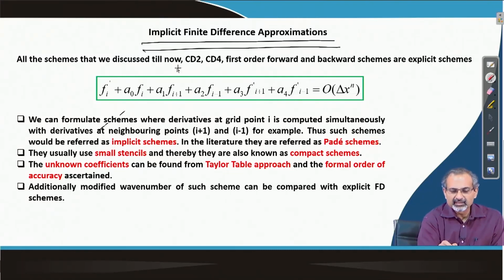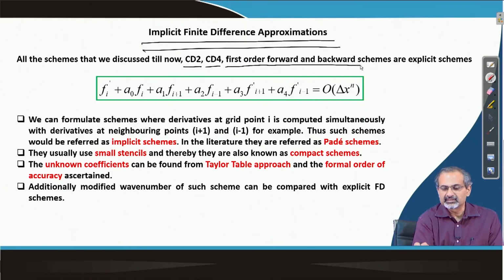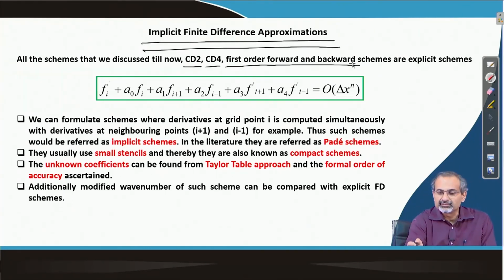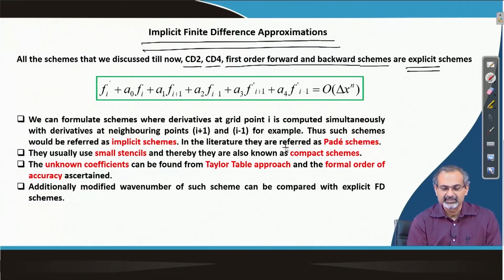As we mentioned earlier, the schemes that we have discussed till date, say CD 2, CD 4, or earlier the first order accurate schemes involving forward and backward differences, all of them were explicit schemes, which we just discussed, what the explicit scheme essentially means.